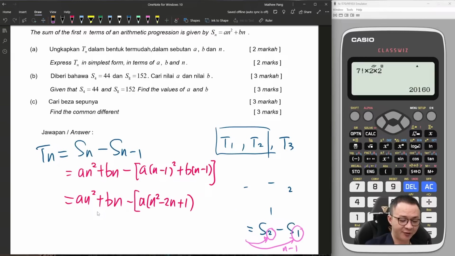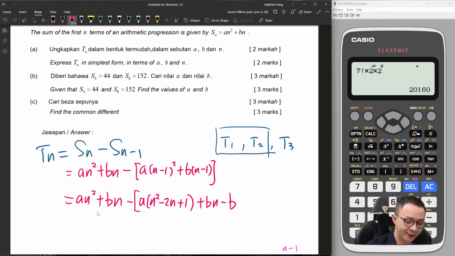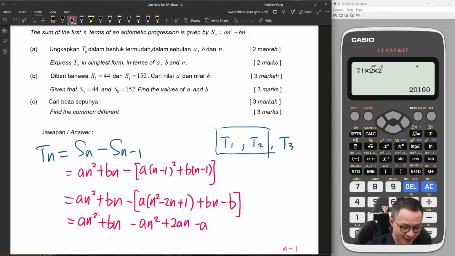Let me erase this. Plus bn minus b. So an squared plus bn minus an squared, and then plus 2an minus a, minus bn plus b.